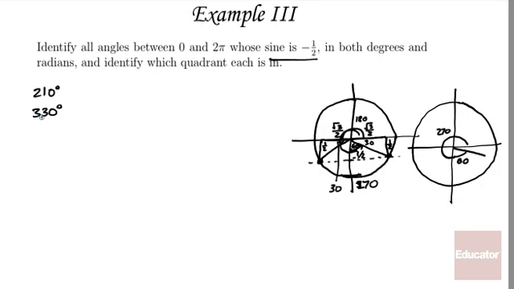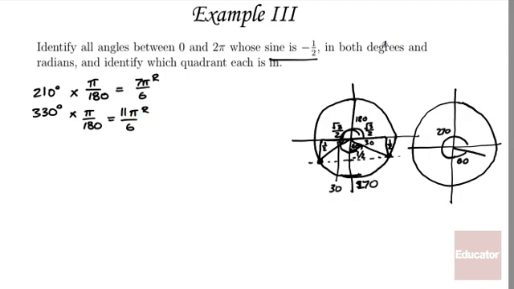210 degrees, 330 degrees. Let me convert those into radians. If you multiply that by pi over 180, then that's equal to, let's see, that's 7 pi over 6 radians. This one times pi over 180 is equal to 11 pi over 6 radians.